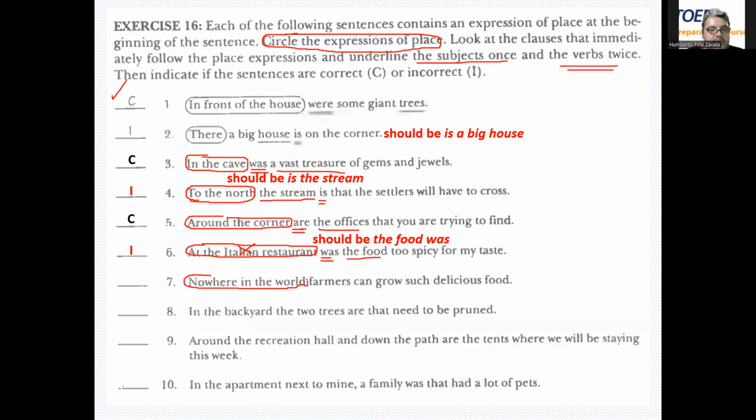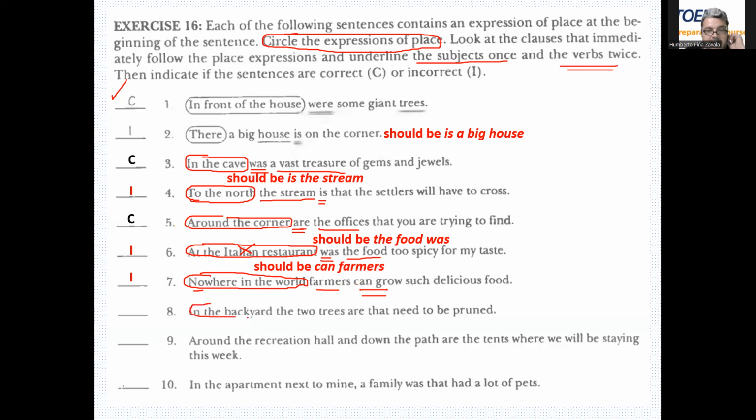Nowhere in the world, right? This expression, nowhere, farmers can grow such delicious food. Right here, it should be nowhere can farmers grow such delicious food. I need that expression, nowhere in the world. Farmers cannot grow such delicious food anywhere.